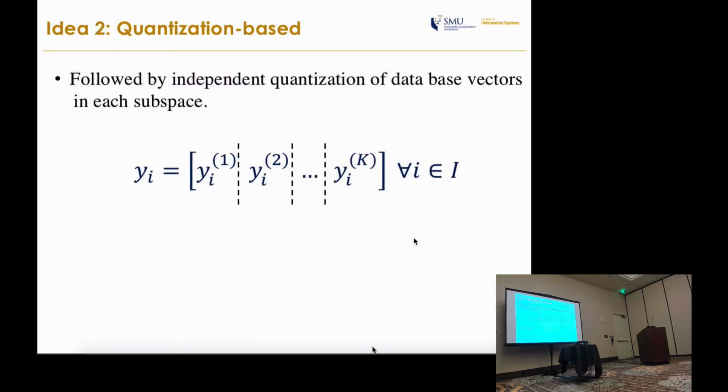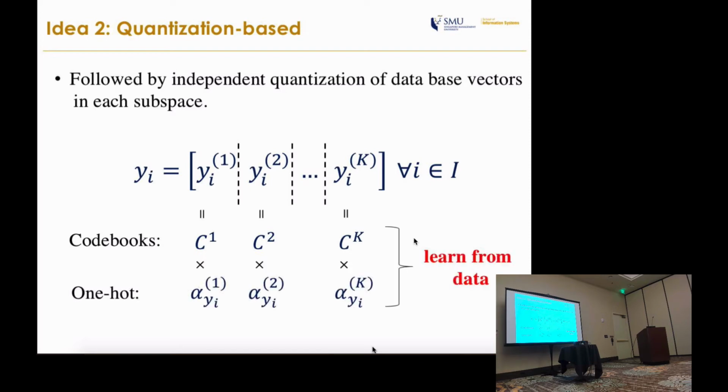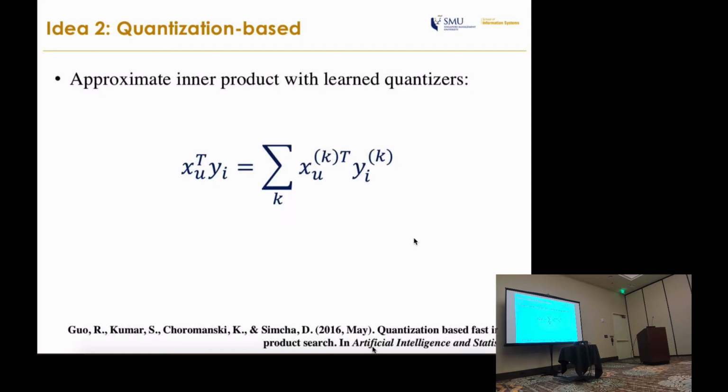And the idea is that the inner product between the original vectors can now be approximated by the inner product of all the vectors in the corresponding subspace.